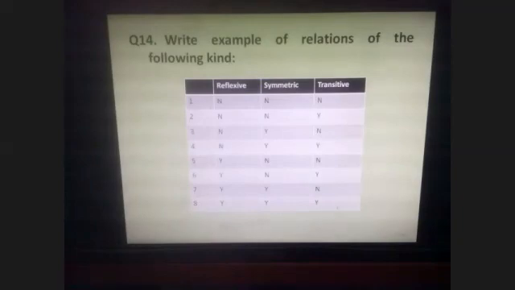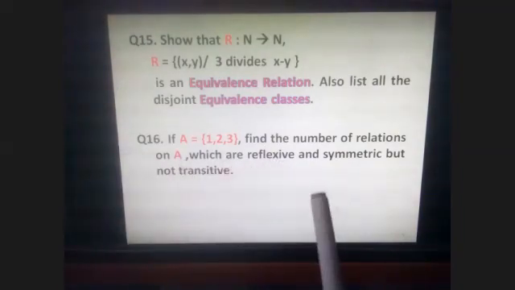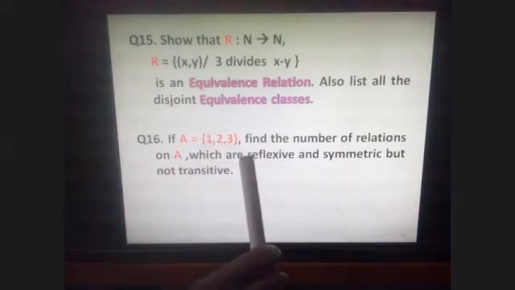I have 2 more questions. One is here. Show that R from N to N, R equal to the set of (x, y) such that 3 divides x minus y, is an equivalence relation. Also list all the disjoint equivalence classes. Again, this one is more tricky. Be careful of the previous kind.